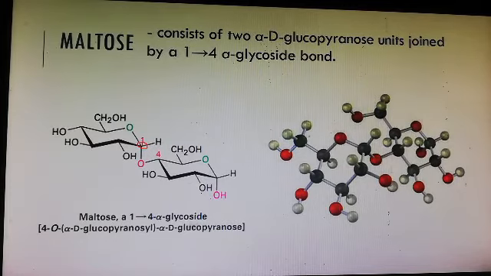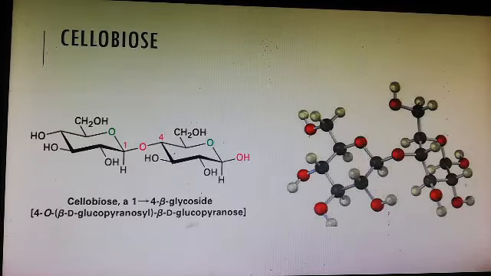Ito yung first carbon ng ating isang unit ng ating glucose. Tapos ngayon, nag-bond siya doon sa oxygen na nakakabit sa carbon 4 ng ating second unit ng glucose.